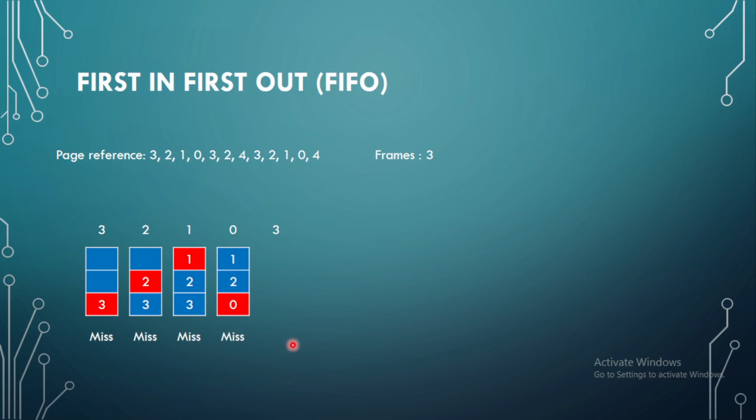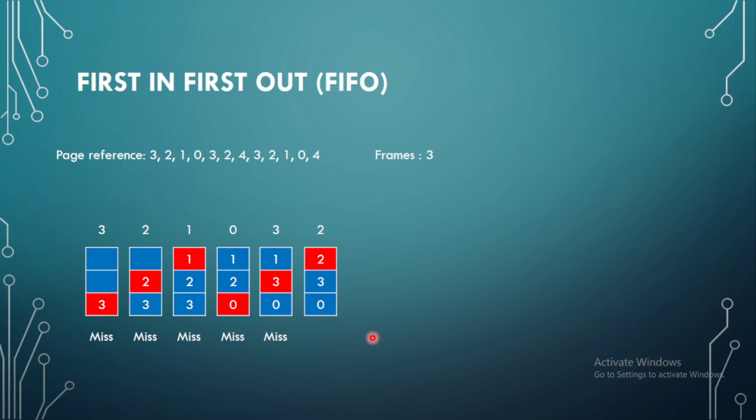There is a miss, a page fault. And then the next page is 2. 2 is not available in the primary memory, so we are going to replace 1 with page 2, because among 1 3 0, 1 is the first page brought into the physical memory.